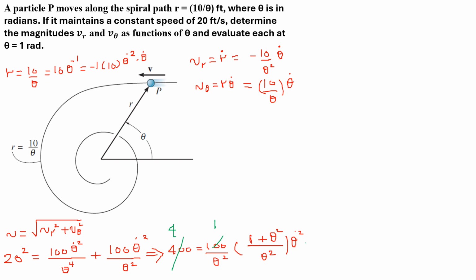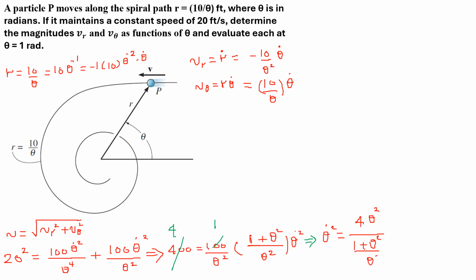So theta dot square will be simply 4 theta to the power 4 over 1 plus theta square.